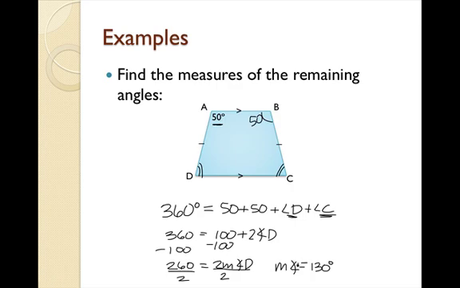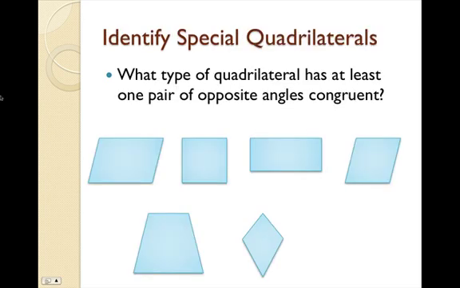Sorry, I didn't put D there. It should be a D right there. That's also the measure of angle C, because they're congruent. So the measure of angle D is 130 degrees, and the measure of angle C is also 130 degrees. So we've done it. We've solved everything we needed to. Let's move on to the final slide.